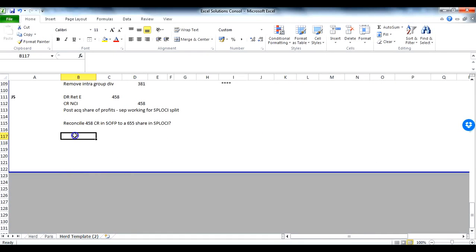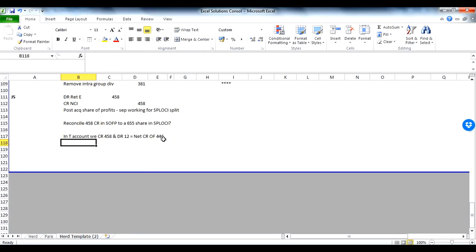So in the T account we credited 458 and we debited 12, giving a net credit of 446. So that's the net position that we made in the SOFP.